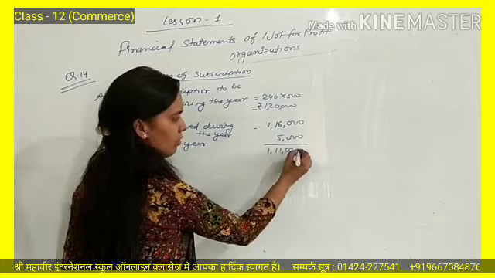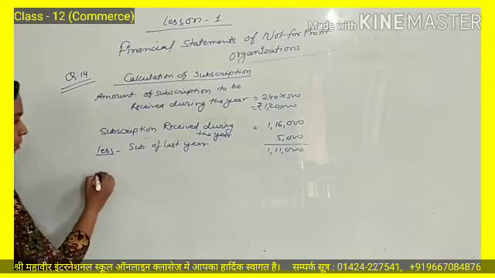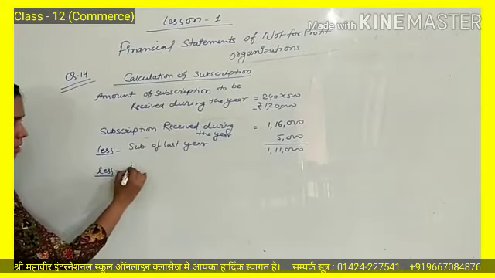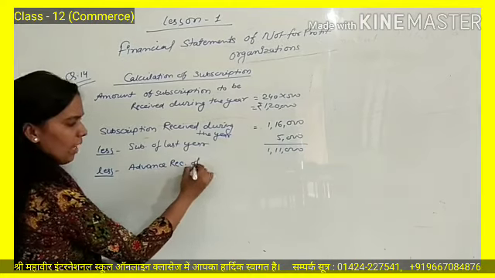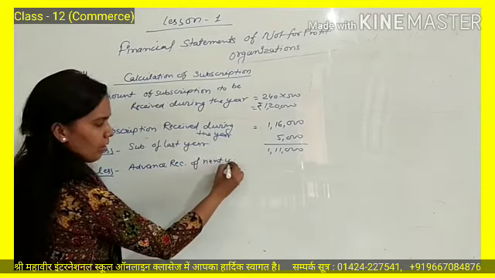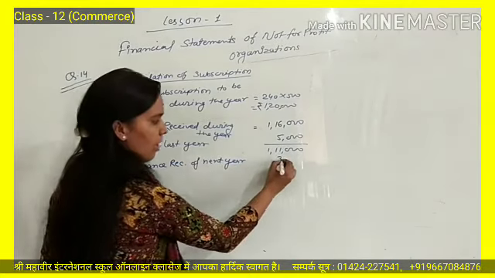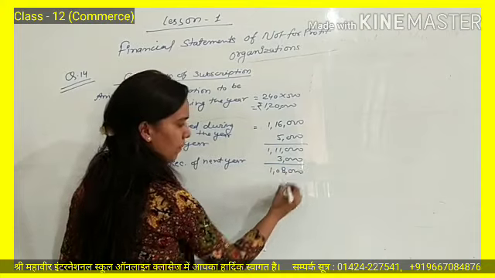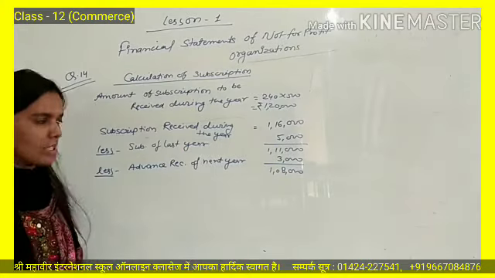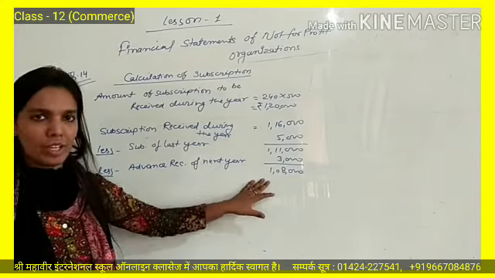Means it is 1,11,000. Then less advance received of next year. Next year's advance you are receiving, 3,000. So 1,08,000 is the subscription that you received of the current year.